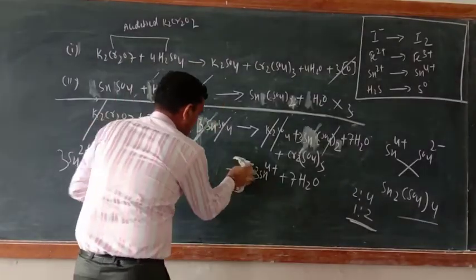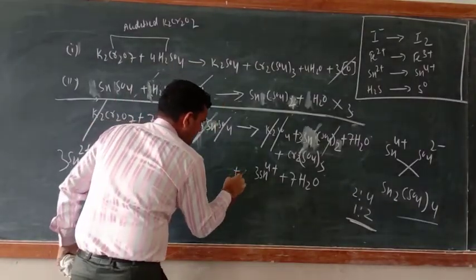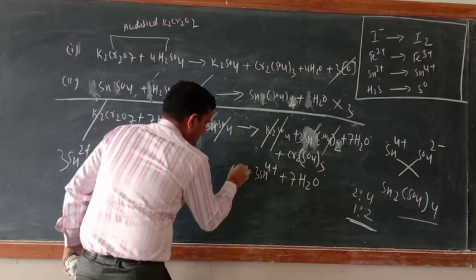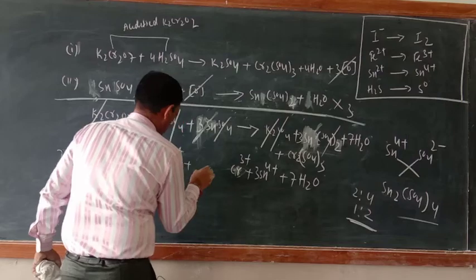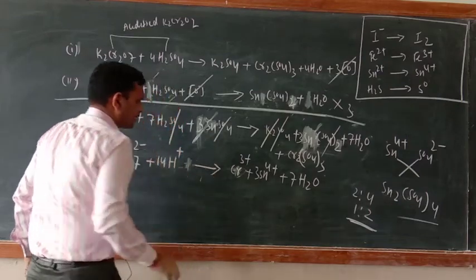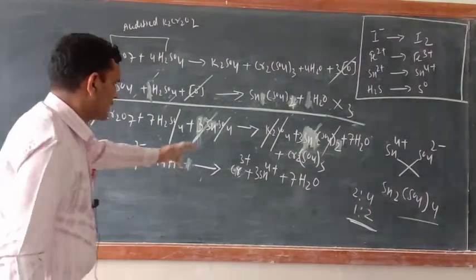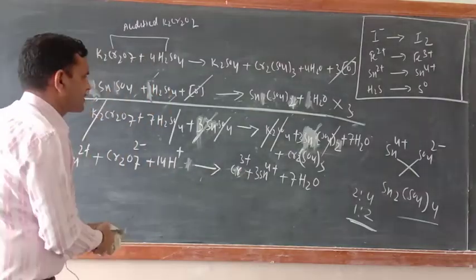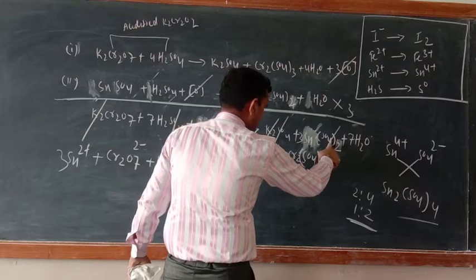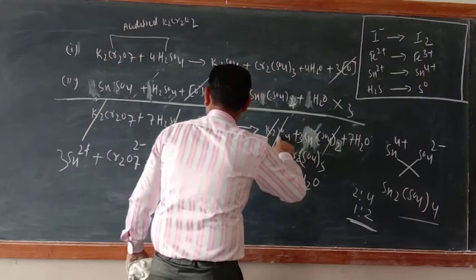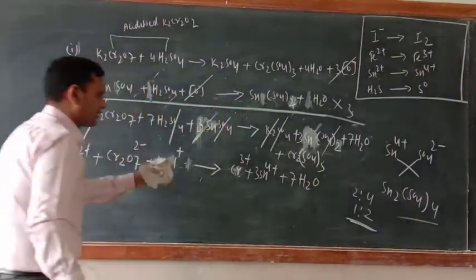So now here write plus Cr3 positive, or 3 positive. Yes, Sn4 positive. Yes, everything is balanced now. That is why here just see 3, 2s are 6, 9, 10. This side also 10. Everything is balanced.